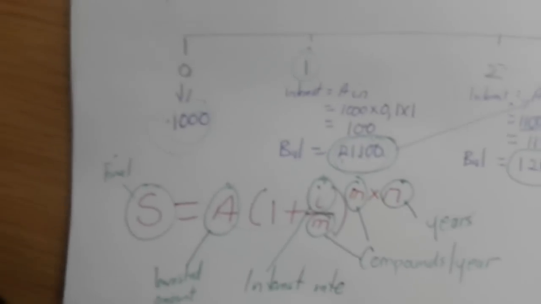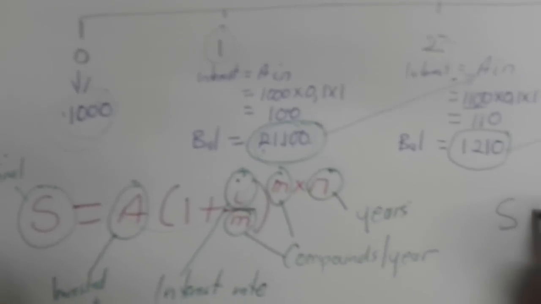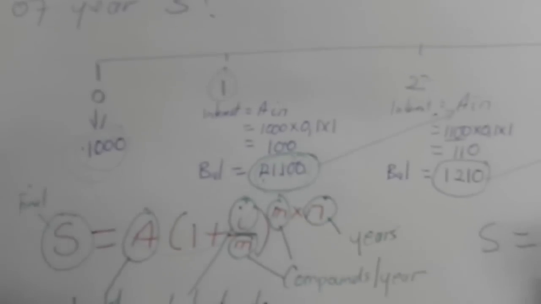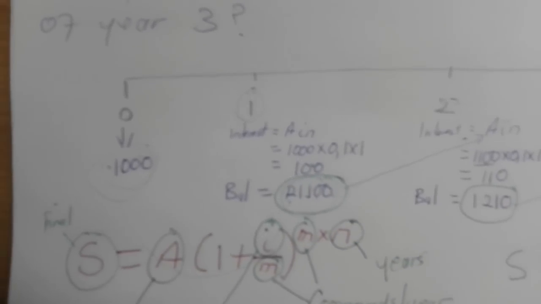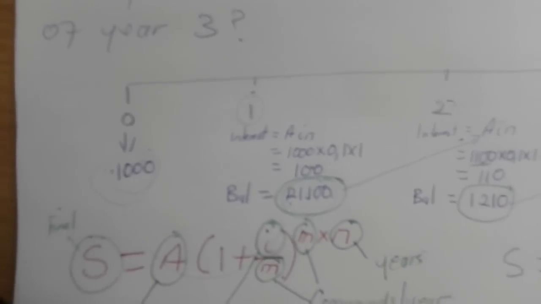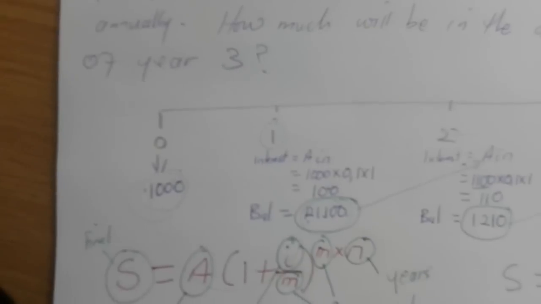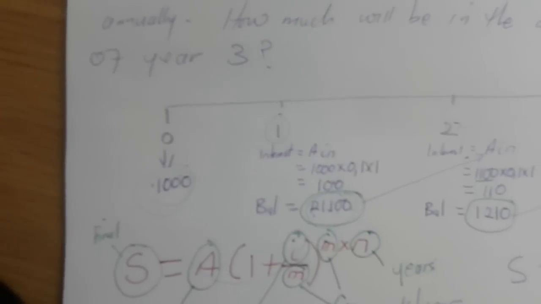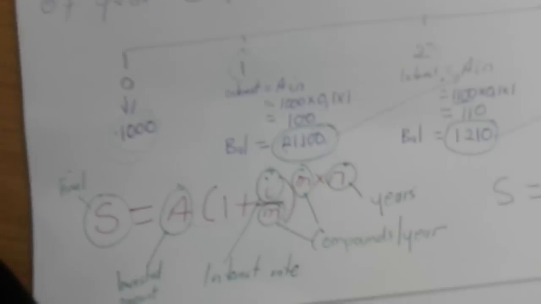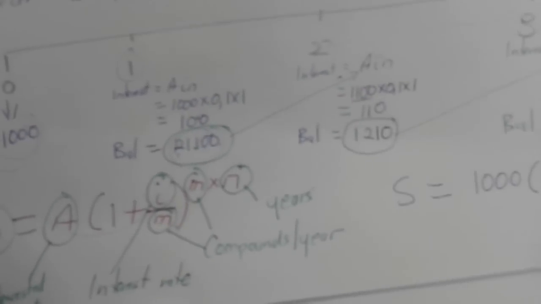So quickly, let's see. Your S is equal to 1,000, because that's your A, open bracket, 1 plus i, which is 0.1. Now, we could say divided by 1, but there's no need to. But if you want it to be exactly like this, you are more than welcome.